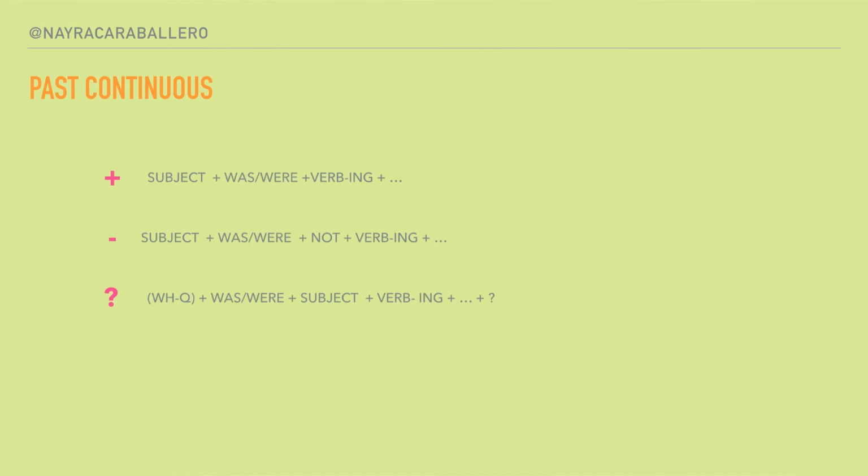we need, as in the present continuous tense, the verb to be, okay? But in this case, the verb to be is in past form. As to be is an irregular verb, sorry, we just write was or were. So we can say we were studying at 3, for example, okay?